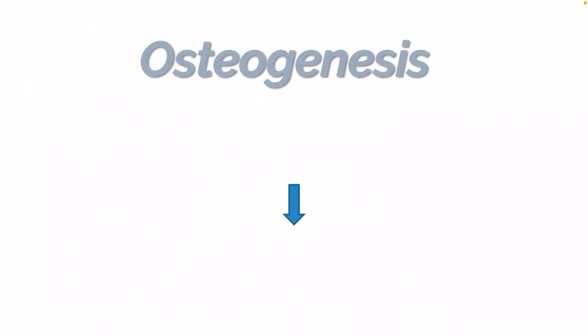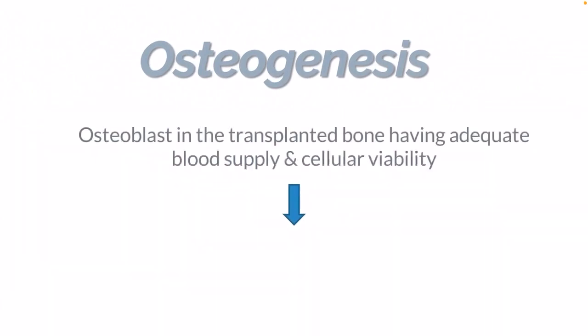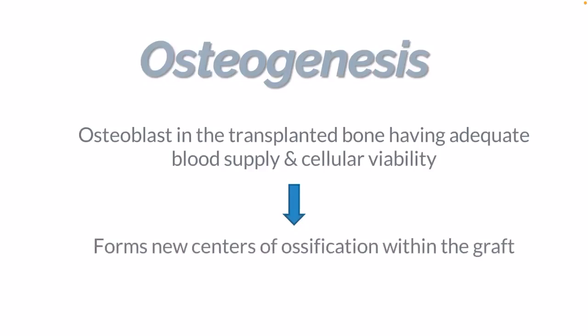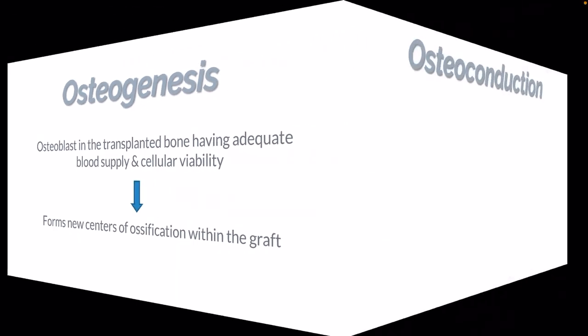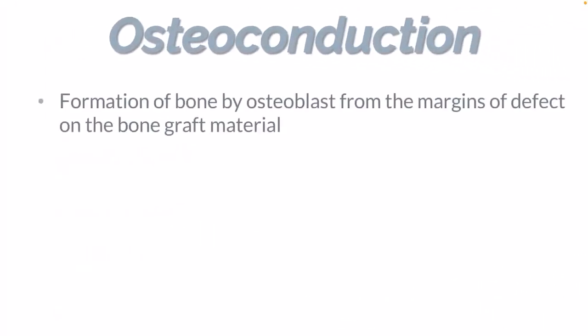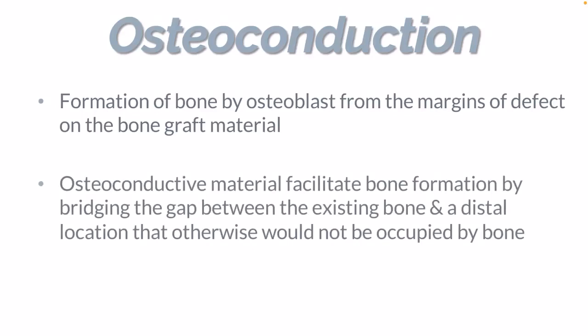Osteogenesis: osteoblasts in the transplanted bone, having adequate blood supply and cellular viability, form a new center of ossification within the graft. Osteoconduction: formation of bone by osteoblasts from the margin of the defect on the bone graft material, which facilitates bone formation by bridging the gap between the existing bone and a distal location that otherwise would not be occupied by bone.